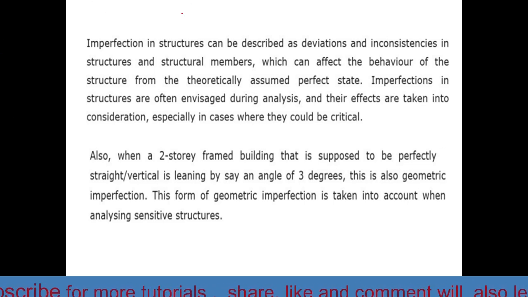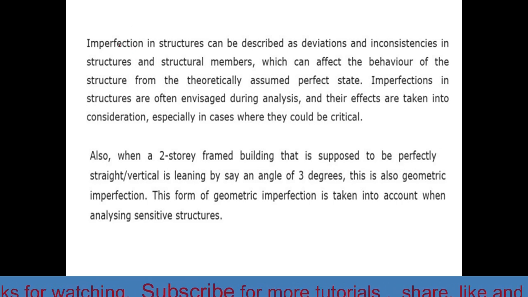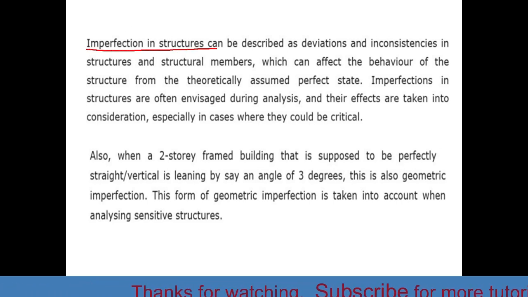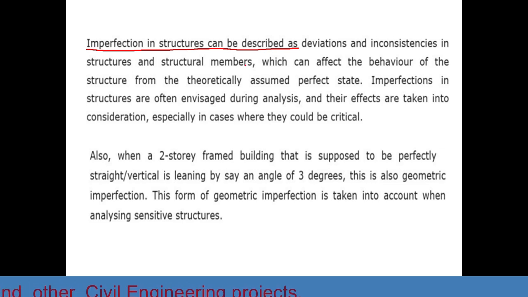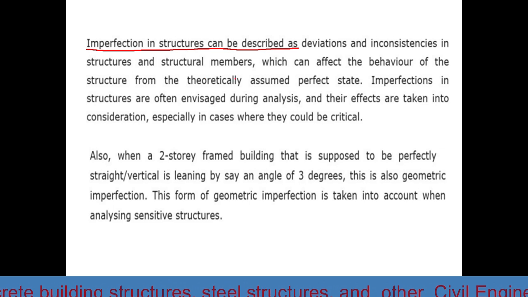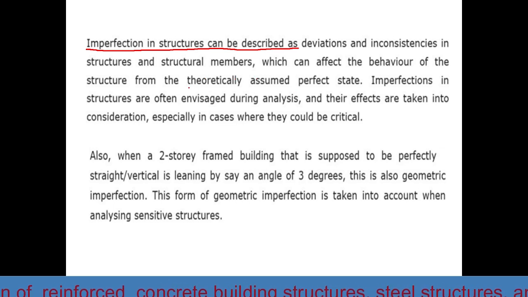Basically, imperfection in a structure can be described as a deviation and inconsistency in structures and structural members, which can affect the behavior of the structure from the theoretically assumed perfect state.